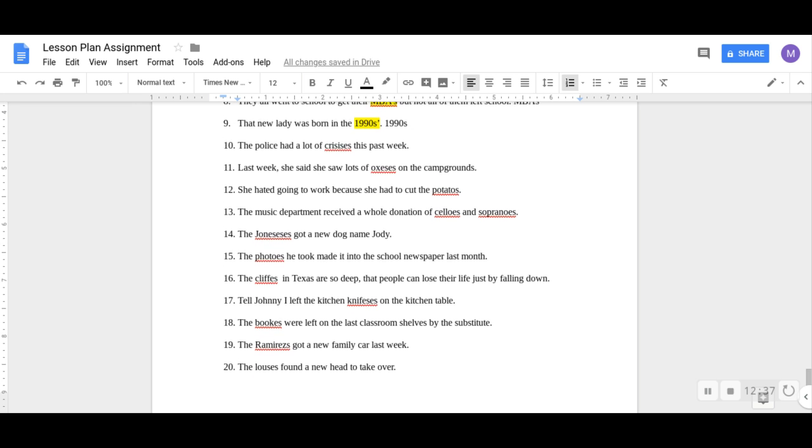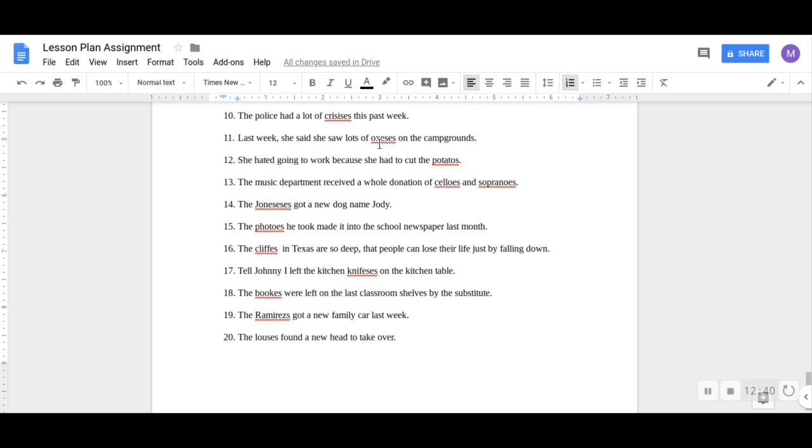The only other one I want to look at with you is Joneses. When we add to names, we cannot change the spelling. This one ended up adding an ES, and that's not what we do. So we have Jones as the last name, and we are literally just going to add an apostrophe.